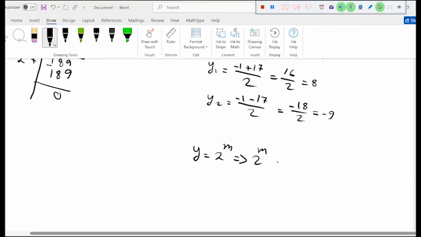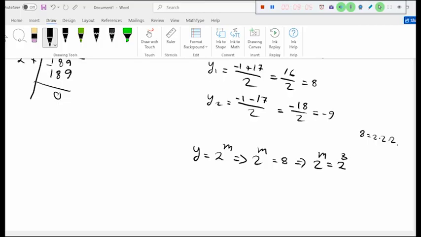Then 2 to the power of m equal to 2 to the power of 3, because 8 is actually equal to 2 multiplied by 2 multiplied by 2, or 2 cubed. So the value of m is 3.